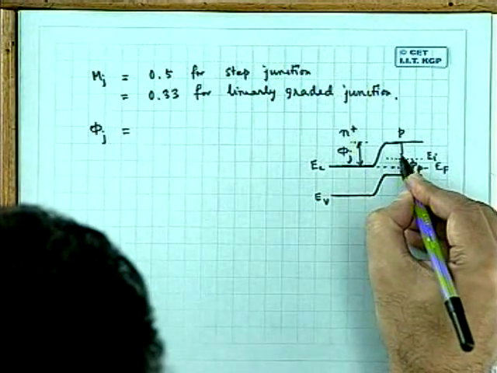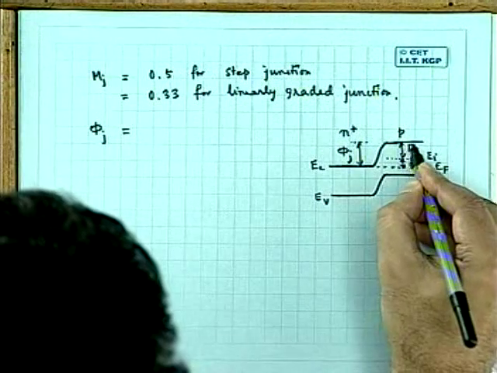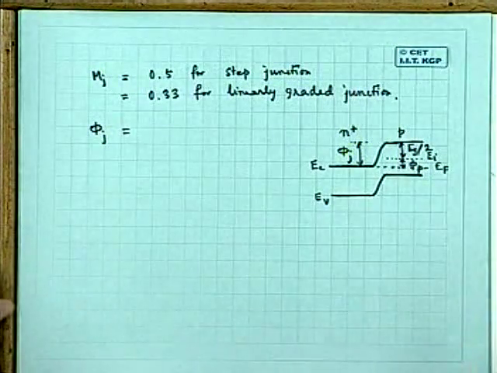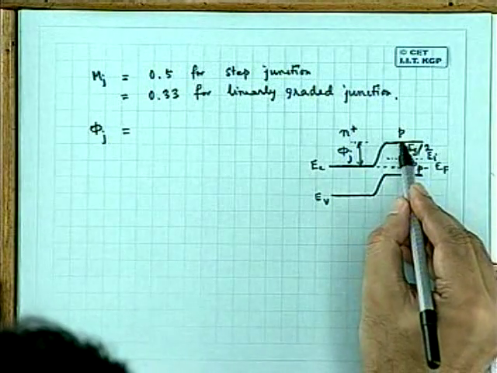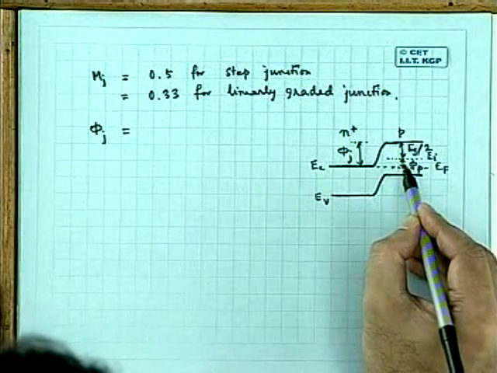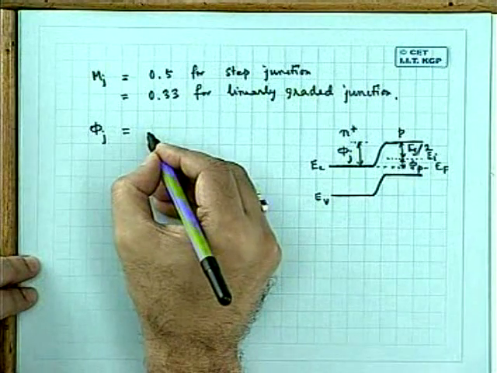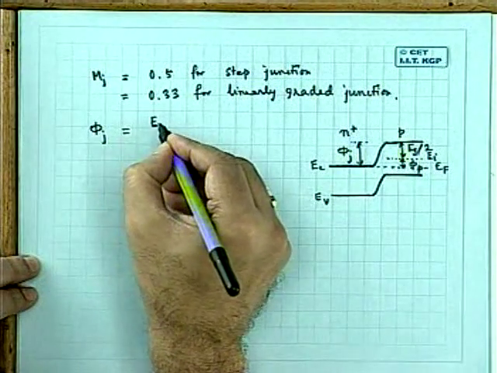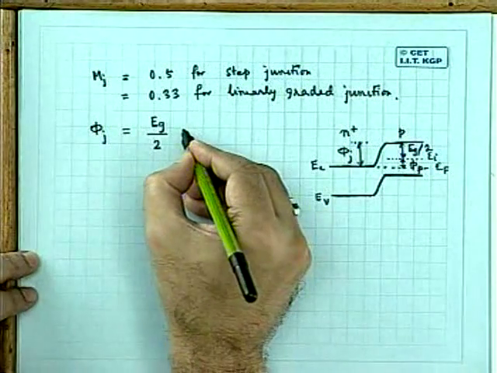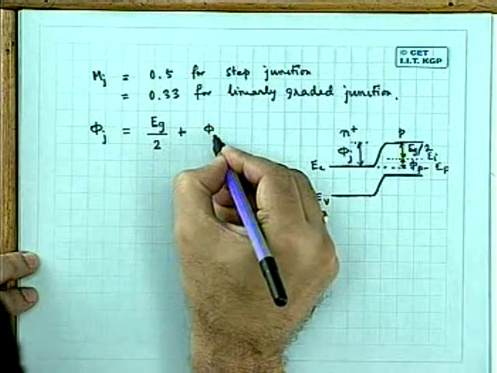And this is your Eg by 2. Am I correct? This separation is Eg by 2, band gap by 2, and so you can easily find out that phi j can be modeled as Eg by 2 plus phi p.